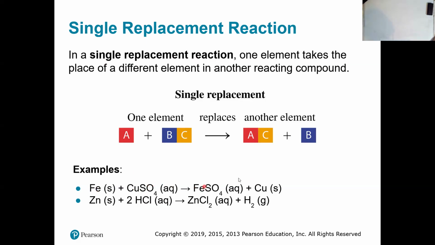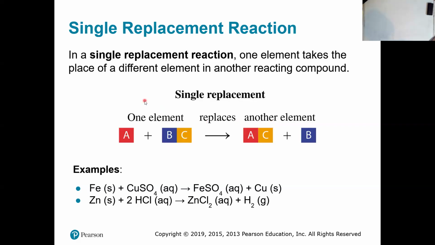Then on your product side, we have the copper by itself, and the iron and the sulfate are together. So one of the things switched places and took the spot in the compound, and then the other thing stayed by itself. In our second example, we have the zinc by itself, and the H and the Cl are together. And then on our product side, we have the zinc and the Cl together and the H by itself. Okay, so one element replaces another element in single replacement. That's where it gets its name, because only one element is going to replace another element.